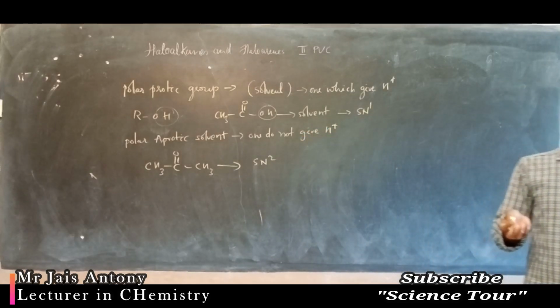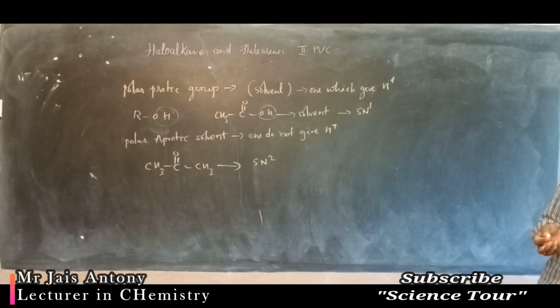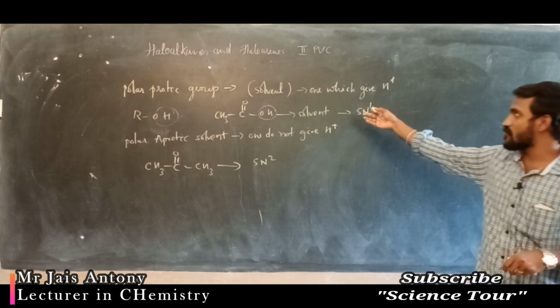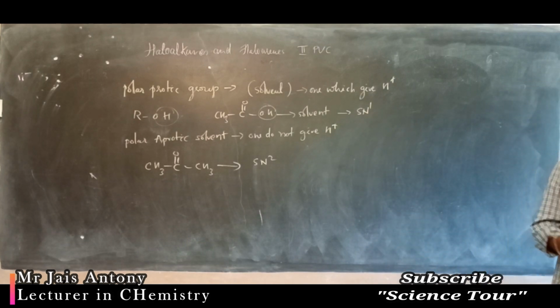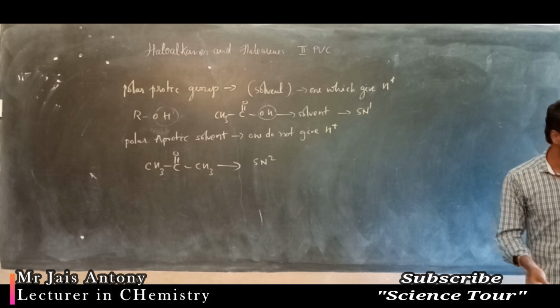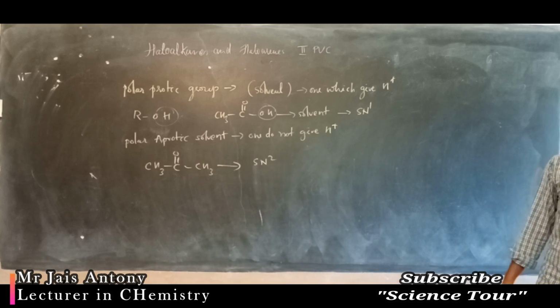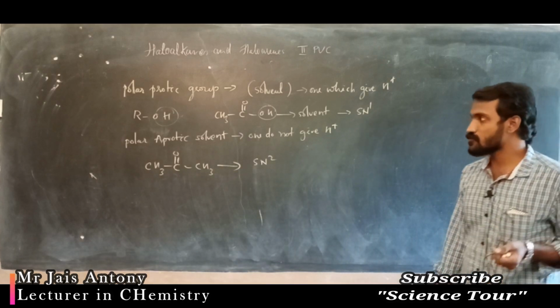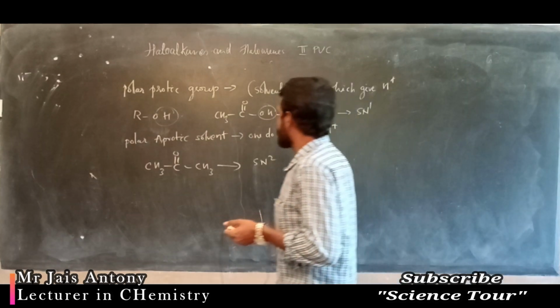Based on which solvent is used in a reaction, you can identify the mechanism. If acetic acid is used and they ask whether it is an SN1 or SN2 reaction, you have to find out immediately. If acetic acid is the solvent, it is SN1. If acetone is the solvent, then it is SN2.